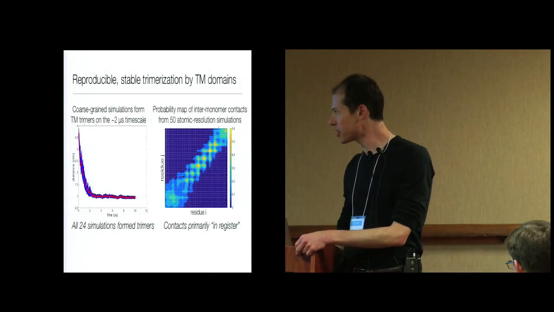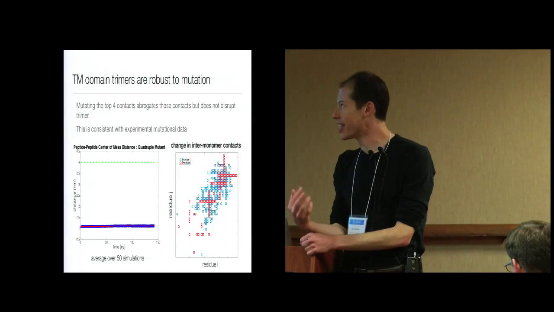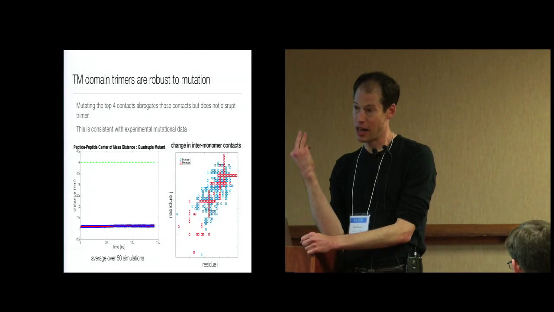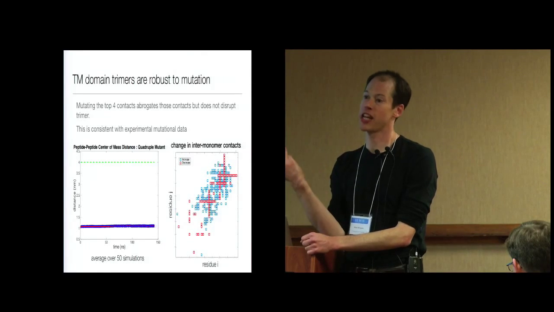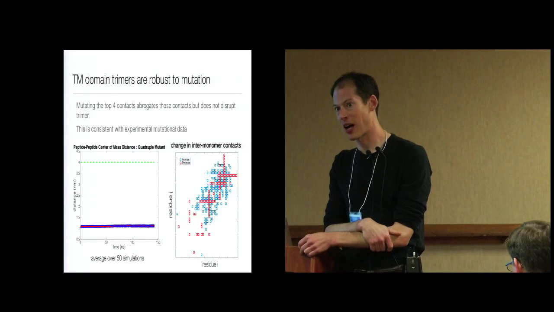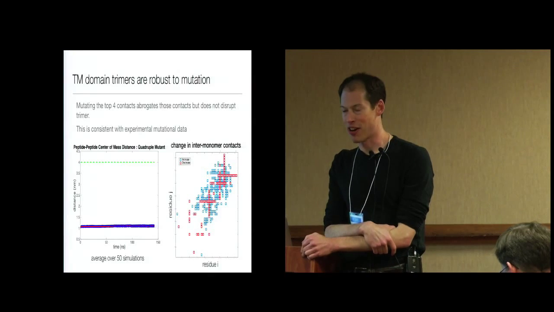What we then went on to do was to identify the four most likely or most frequent contacts between these trimers and mutate all four of those. And when we mutate all four of those, interestingly, the trimers stayed very stable.